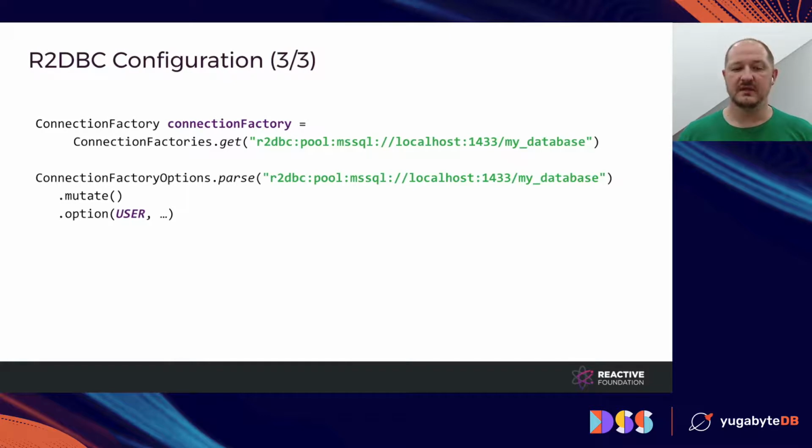You parse the URL and augment the connection factory options with sensitive data like the username, password, or other things like encryption keys. And once you have created the connection factory options object, you ask ConnectionFactories to obtain the configured connection factory. And there you have added secure information into your configuration without actually exposing it in that environment URL.